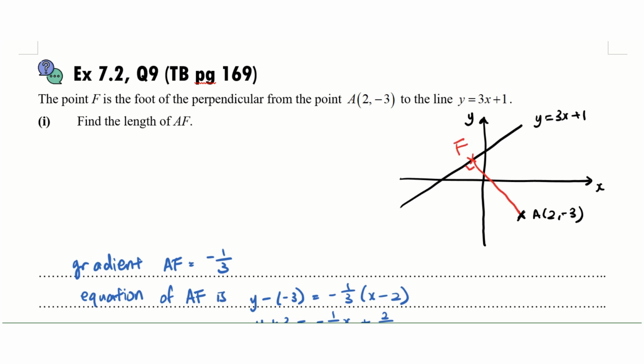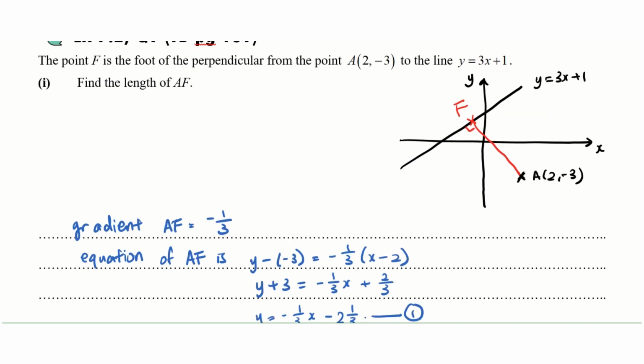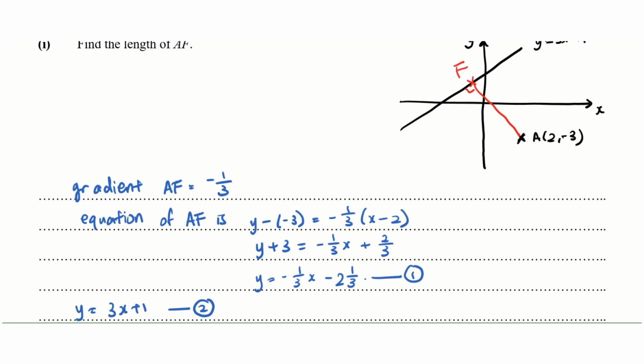In order to determine the coordinates of F, I would need to know the equation of the line AF so that I can solve simultaneously and look for that intersection F. So let us first begin the first few steps, which is to determine the equation of AF.